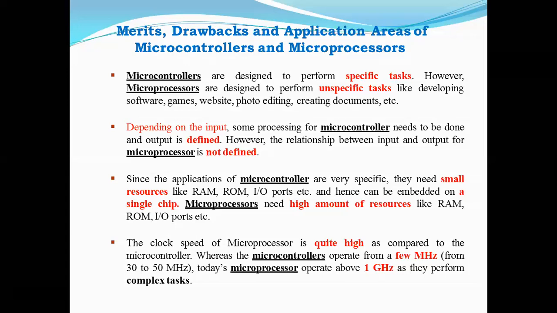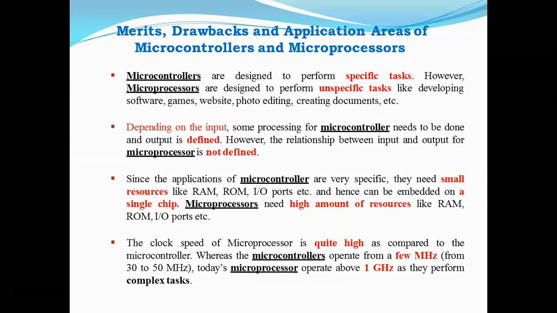Coming to the difference, in the microcontroller, depending upon the input, the output is defined. Take an example, a microwave oven. This is one embedded system where the microcontroller processor is used, and we know the output is already defined.